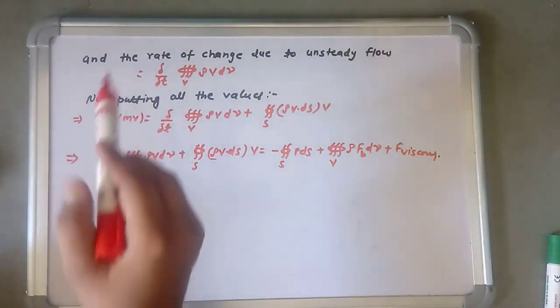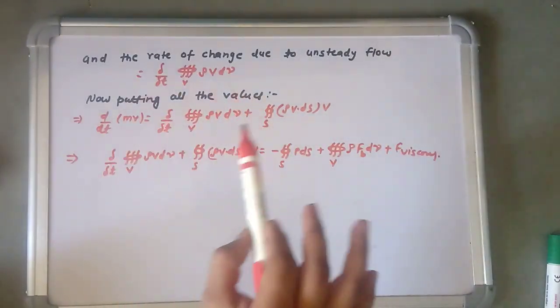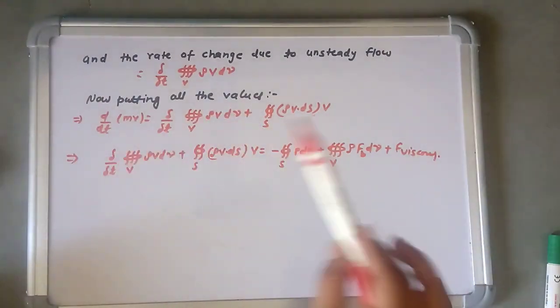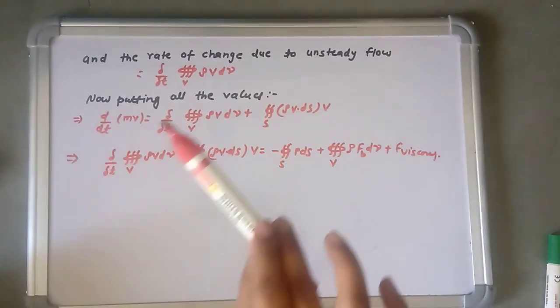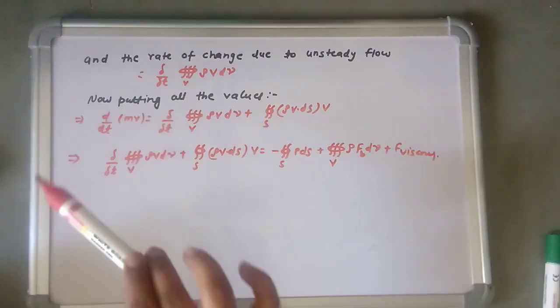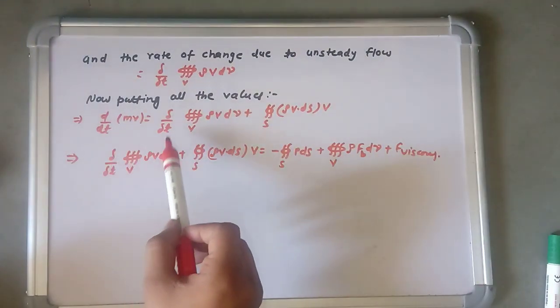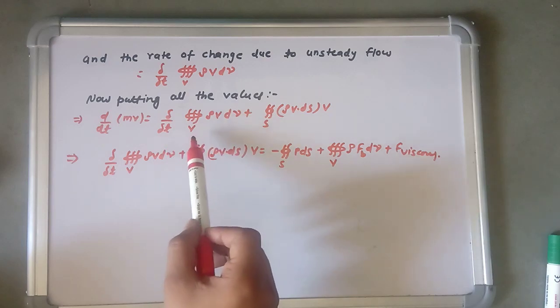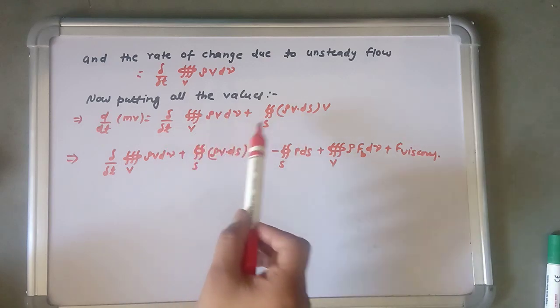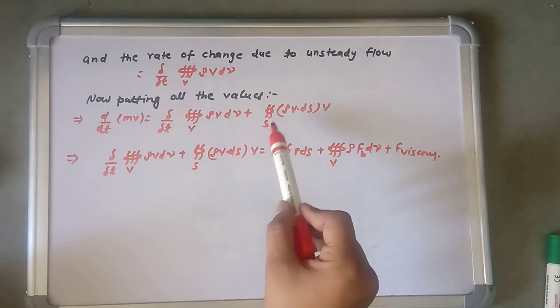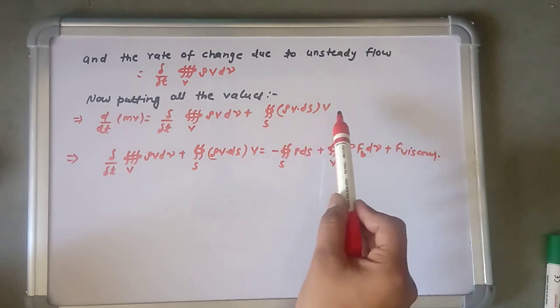Now we have found all the essential terms of Newton's second law equation. Putting all the values, we get d by dt of mv equals del by del t closed integral rho v dv plus closed integral rho v dot ds times v.